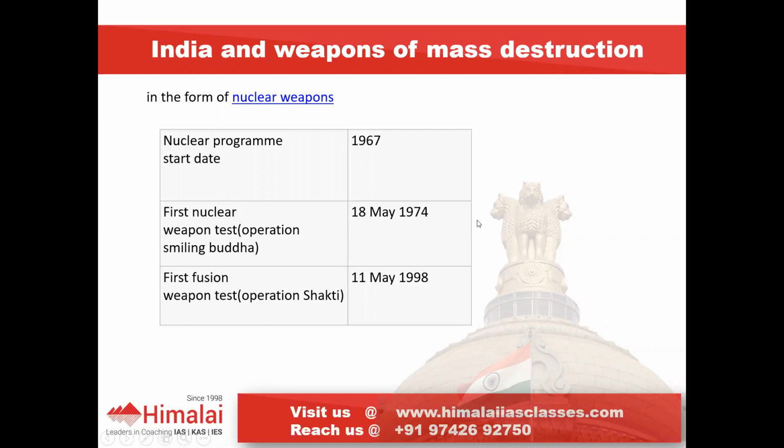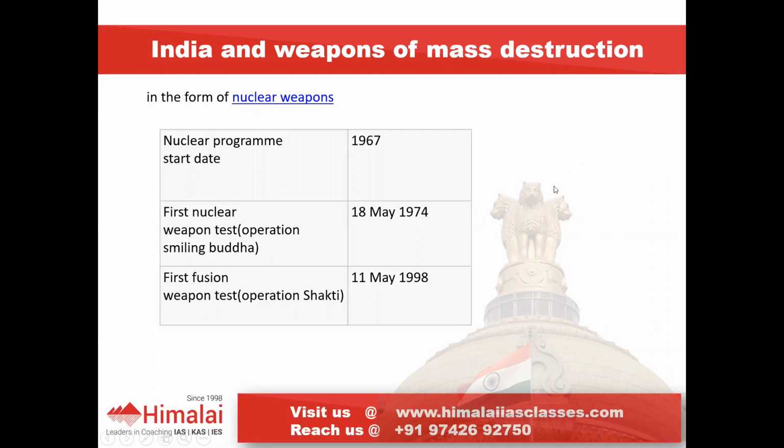The NPT was already there before this. Immediately to respond to this test, the NSG was created. What is NSG? NSG is the Nuclear Suppliers Group, a group of members, where if you become a member of this group, then you will have access to nuclear technology and fuels.